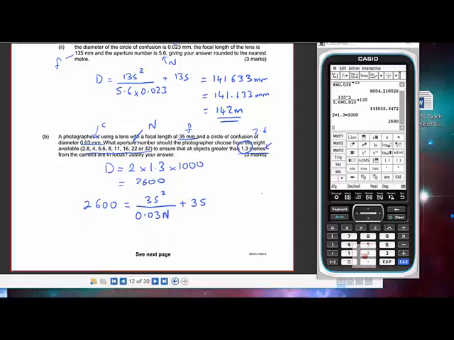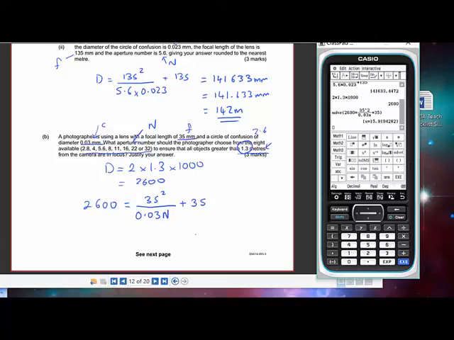Now we can solve on the calculator, we don't need to go through the process, so we can go Action, Advanced, Solve, and then we'll put the 2,600 equals, use a fraction template, so we've got 35 squared, and then on the bottom here 0.03, and to save fiddling around with the calculator just use x instead of n there, and then add 35, and then we'll solve.